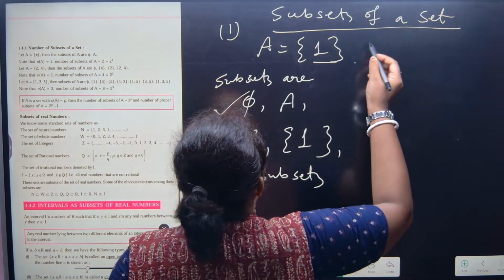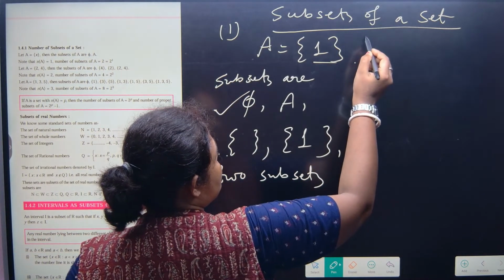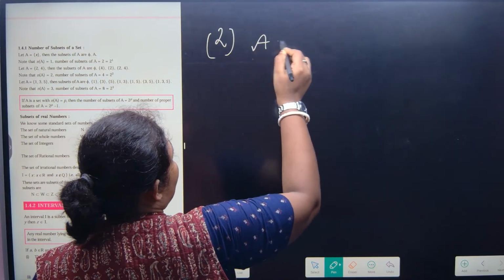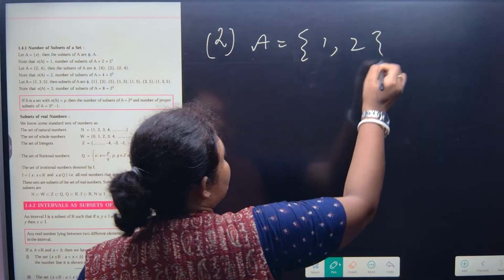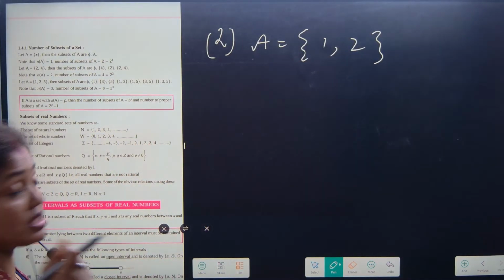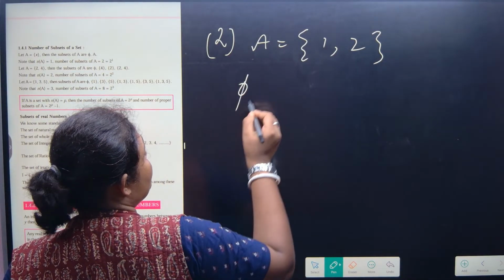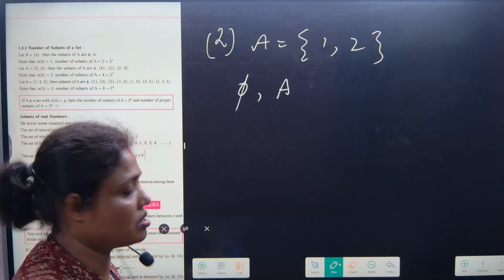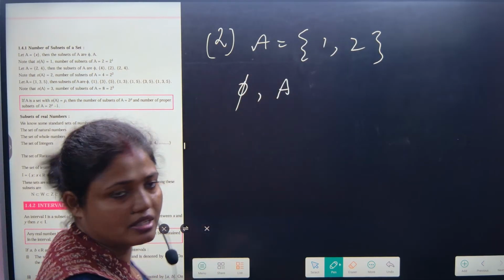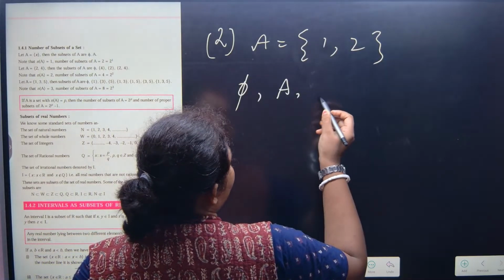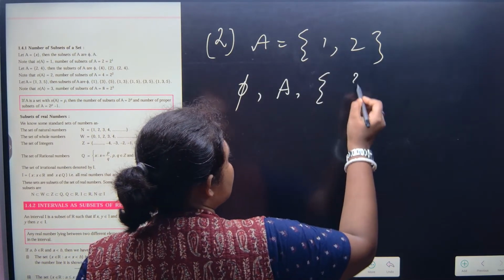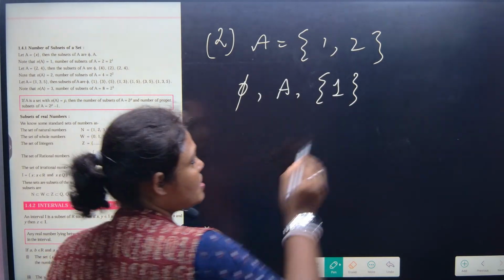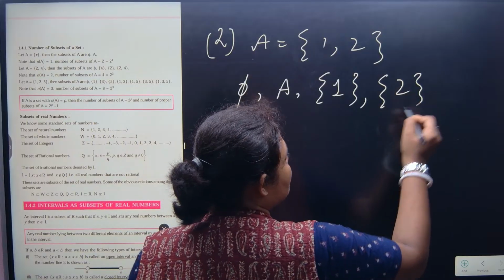Now next, if we have 2 elements, let us take 1 and 2, then how many subsets are there? So 2 subsets are fixed, phi and the set A itself. Okay, and then we make some subsets taking a single element first, one subset, then again taking 2.